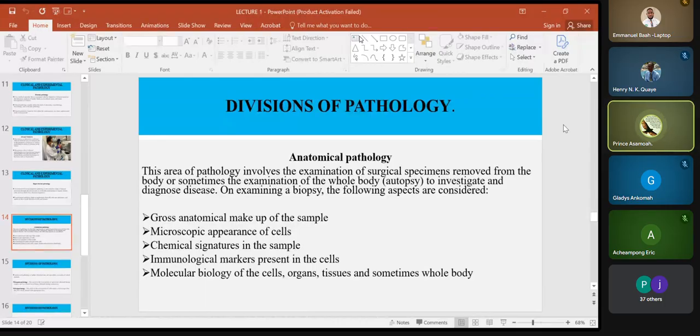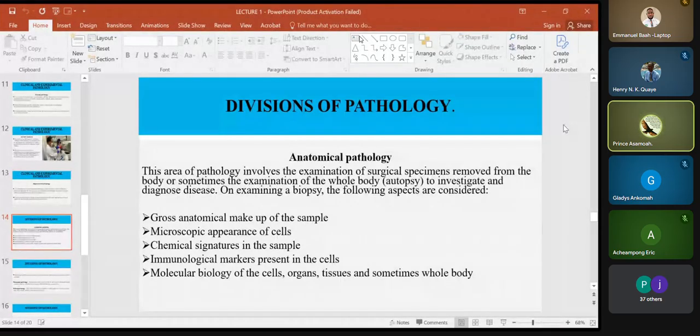When the person dies, go and cut and try to understand what actually happened. These are anatomical pathologies, because at that state the body is not functioning anymore. Everything has ceased. So they are only going to understand anatomically what has happened.